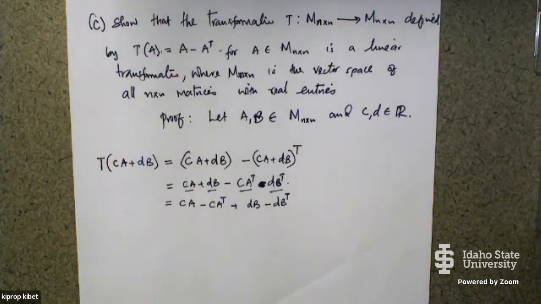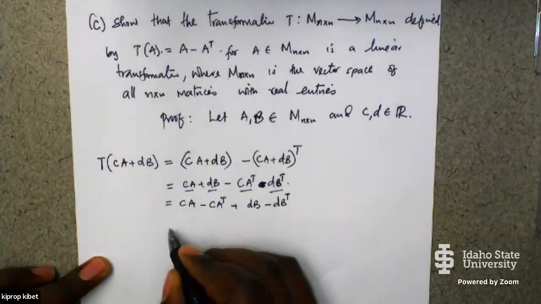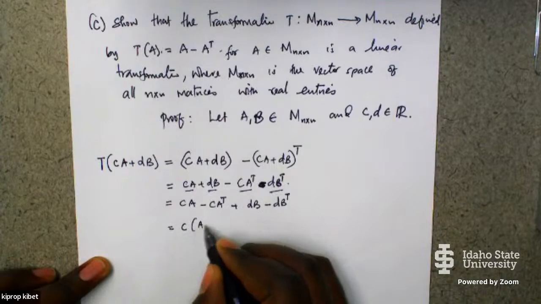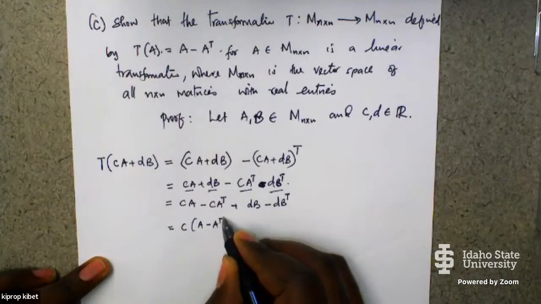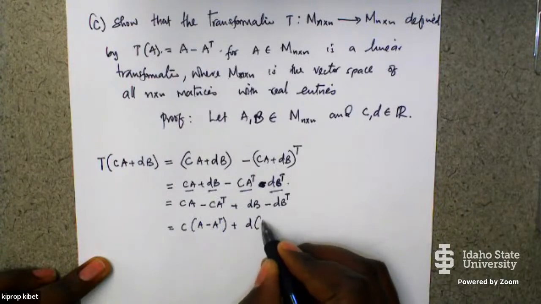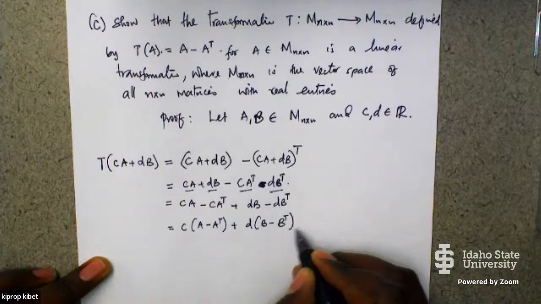Then we can factor out our C here, so we get C times A minus A transpose, plus D times B minus B transpose.